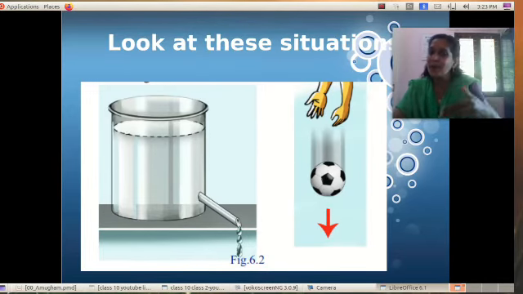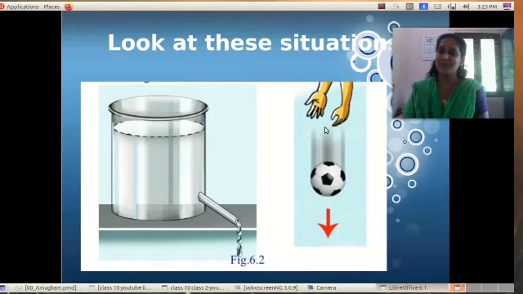What is falling from a higher point to a lower point? A ball is falling from a higher position to a lower position. While playing, all of you saw the ball falling down, from a highest point to a lowest point.